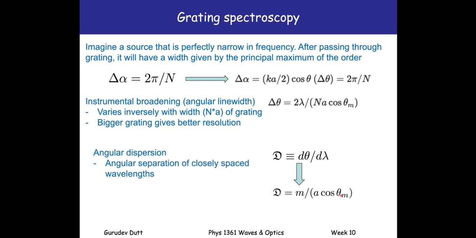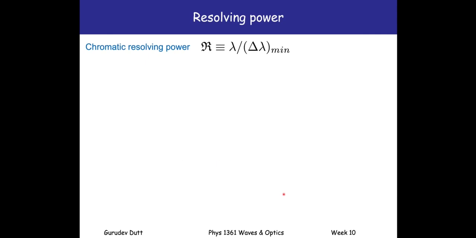So this is the angular separation of closely spaced wavelengths, and as you can see, it varies inversely with the spacing between the grating lines. So 1 over a, right? So as a decreases, this angular separation or angular dispersion will increase. And so finer rulings will give better dispersion of the different lines.